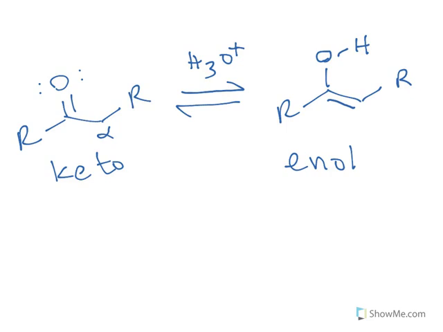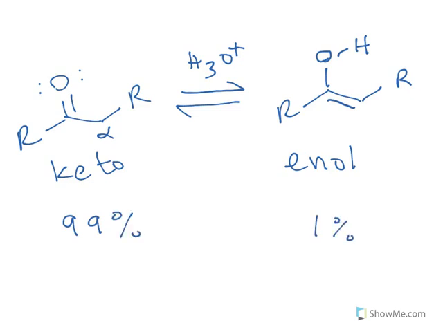All right. So what is the purpose of this? Well, to be honest, in acid, typically what we're going to see is about 99% of the tautomers are going to be in the keto form, where we have about 1% in the enol form.